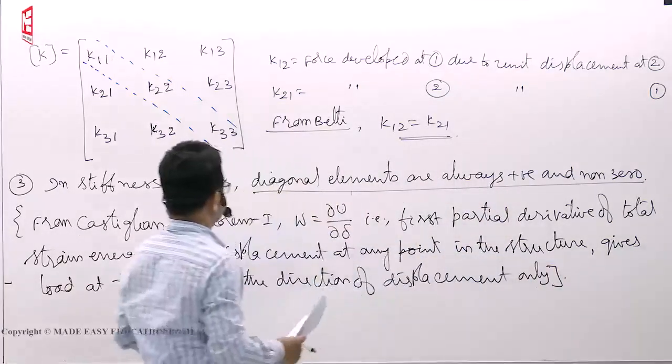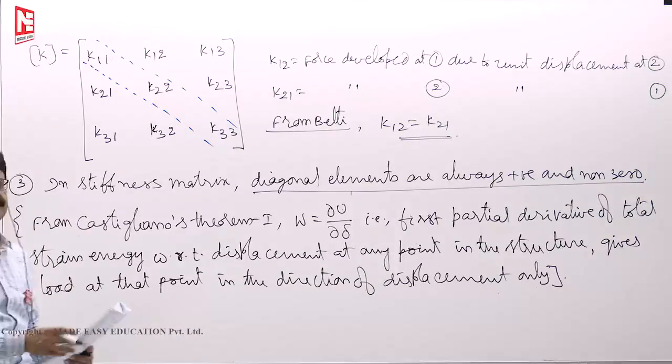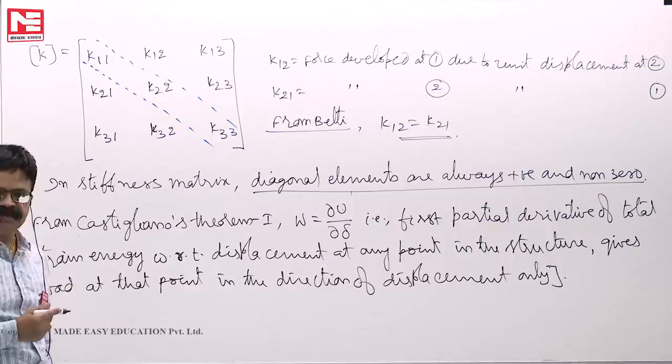Okay, in the direction of displacement only. That's why they have to be positive and non-zero, because it is a stable structure.